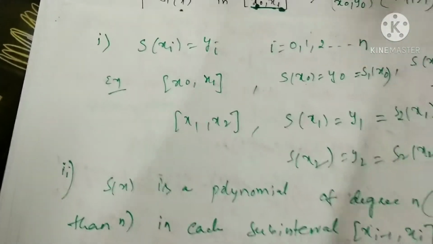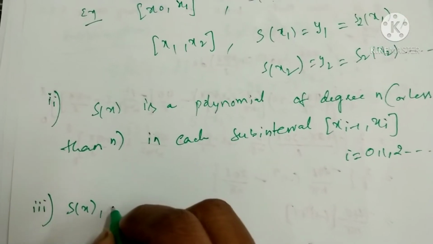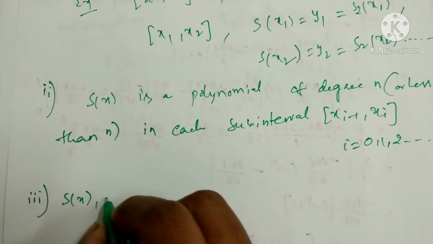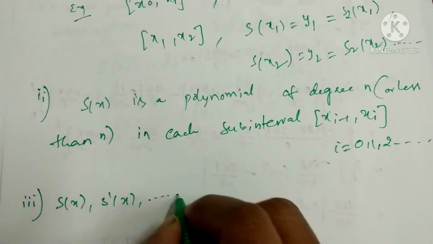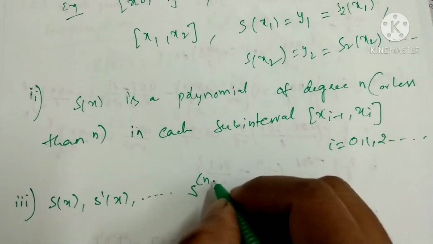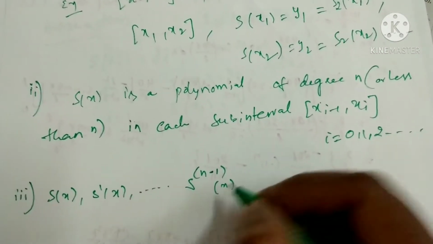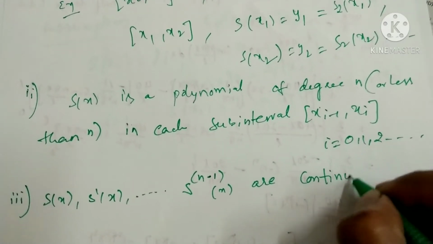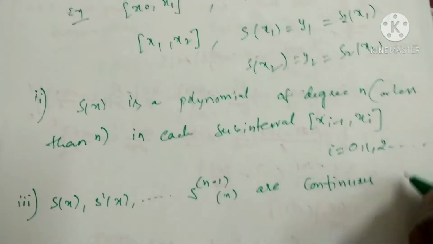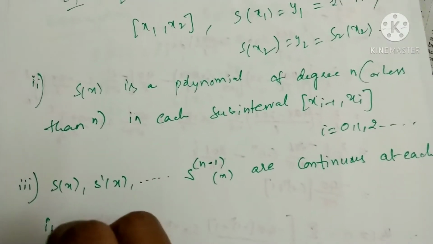Now the third point is s of x, s dash of x, s double dash of x and so on, up to the (n minus 1)th derivative of s of x, must be continuous at each internal point.